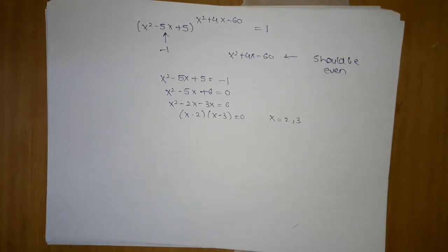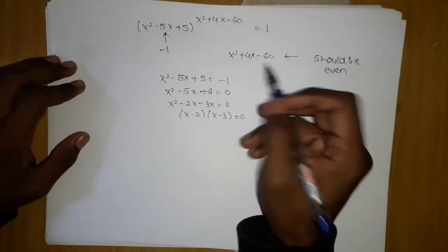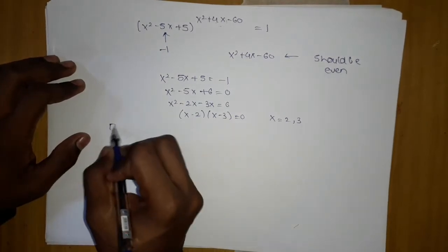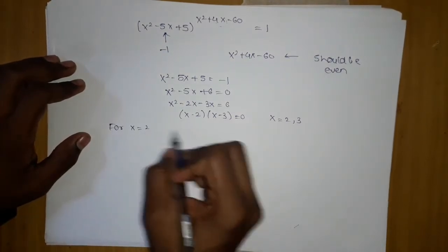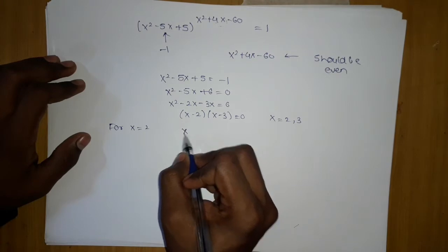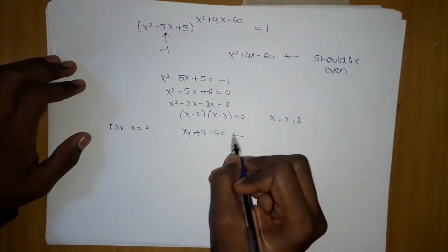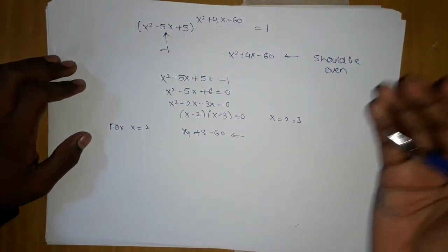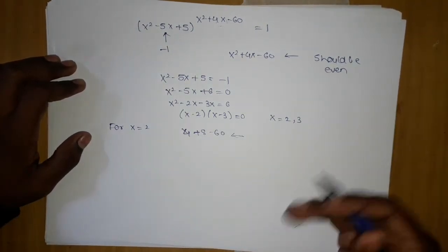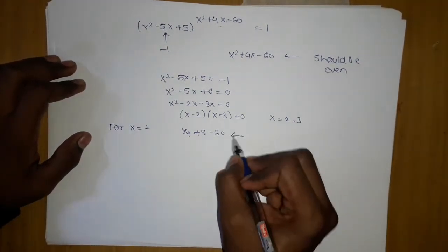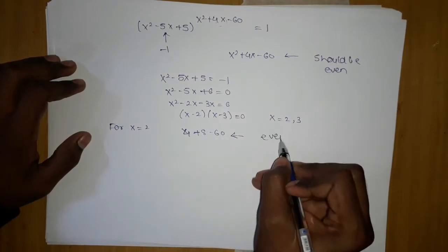Now let's check whether the power is even or not. For x equals 2, x square is 4 plus 8 minus 16, which is automatically even.